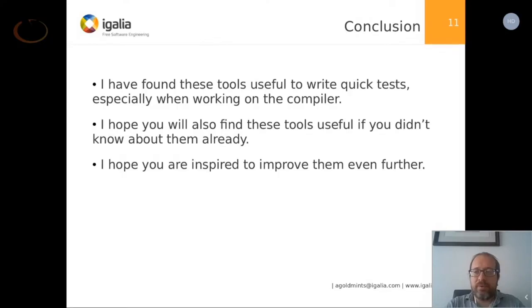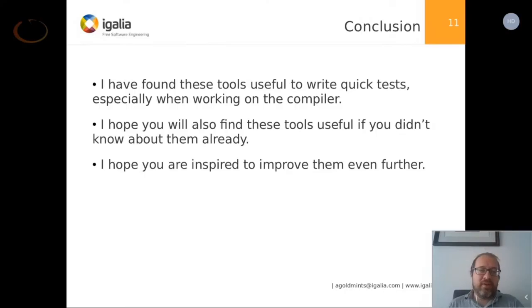It's very useful for debugging. For example, I have a failing test in the CTS, and it has some complicated shader. I can slowly cut it down to see what part is actually going wrong, where to fix it. And hopefully, if you haven't heard about these tools already, you'll find them interesting and useful.